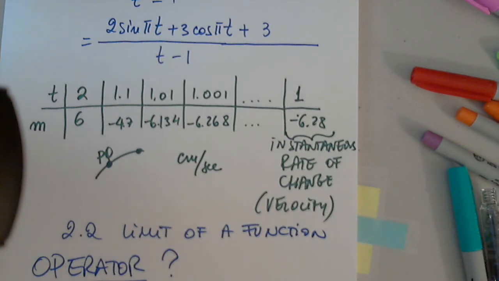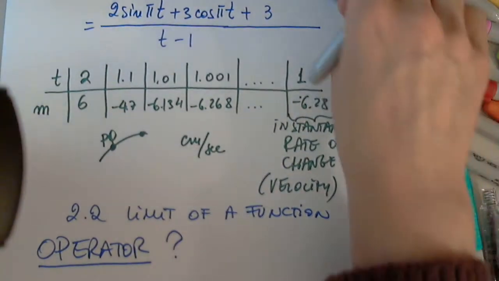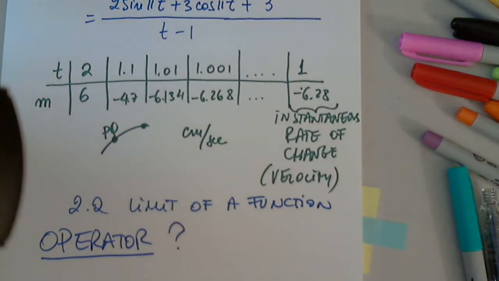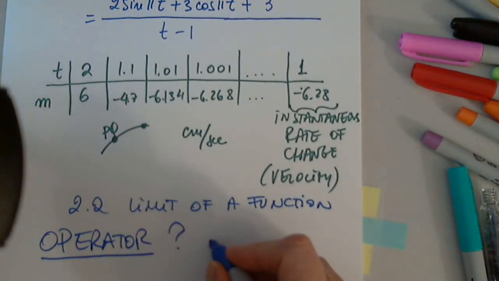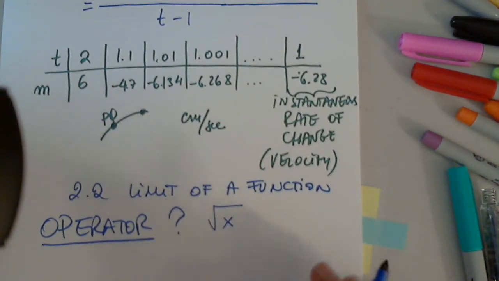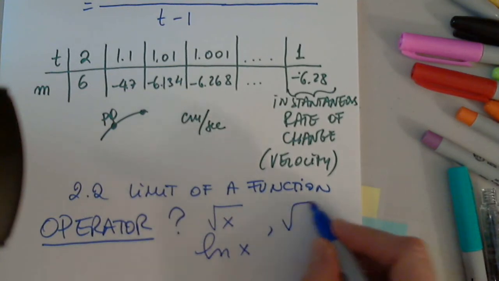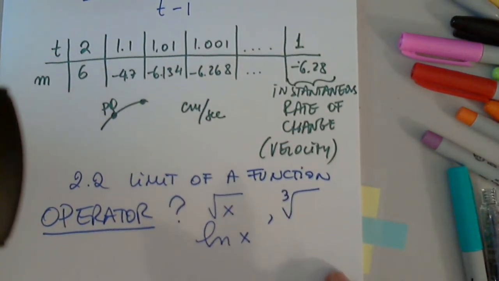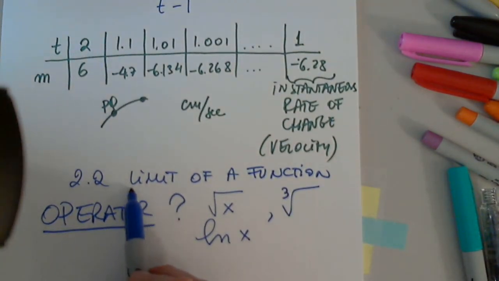Anything that we can apply to a function or to an expression or to a variable. Square root is an operator. Natural log is an operator. The cube root is an operator. Well, we're going to talk about a new operator called the limit.